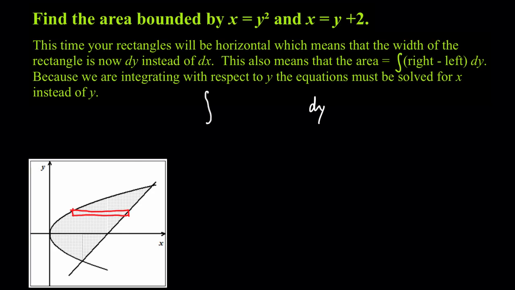Now, the other thing to keep in mind is that instead of doing the top function minus the bottom function, we are going to do the right function minus the left equation. The right equation is always this line.